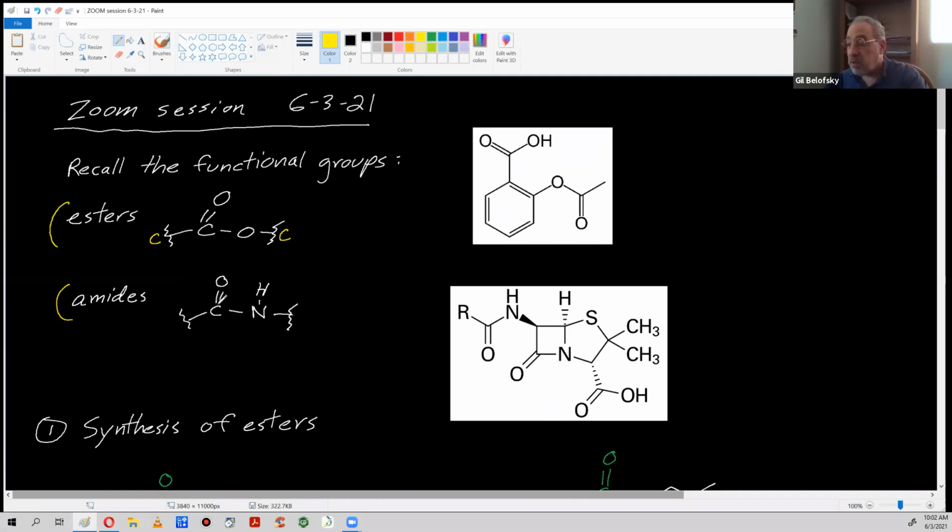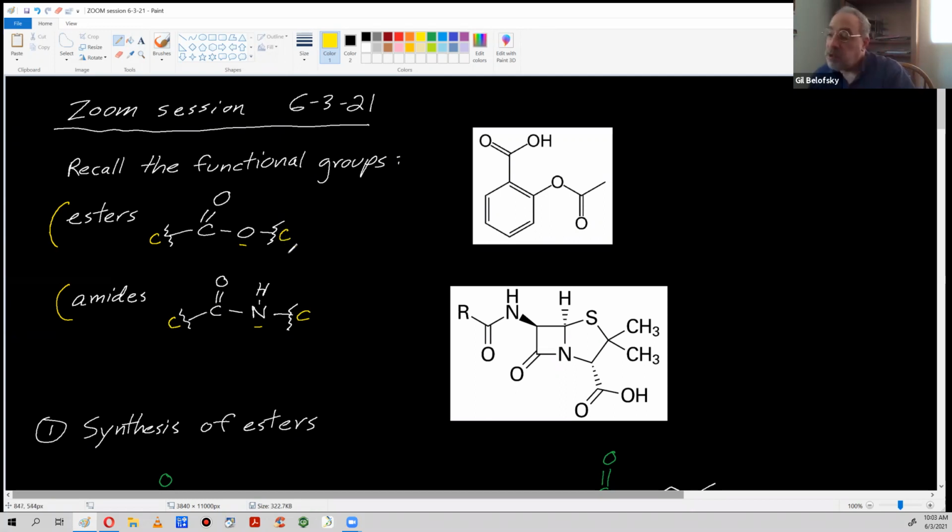Amides are very similar. They have the carbonyl, but instead of an oxygen here, they have the NH, sometimes NH2. This also implies that there are carbons on both sides. So this should be review of esters and amide functional groups.